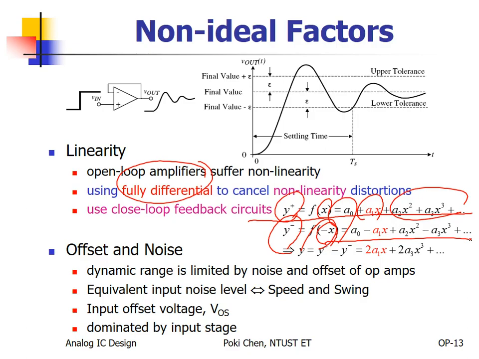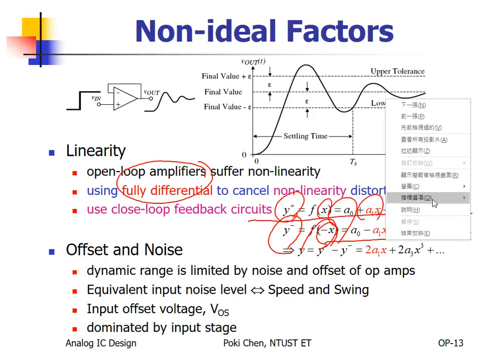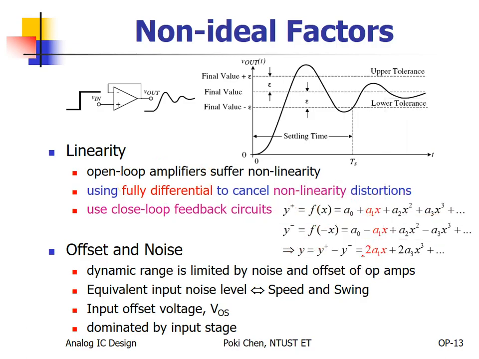Then how to take the output? Again, the difference. Because from the input, we amplify the difference of your input, so for the output, we also take the difference. The final output will be y positive minus y negative.